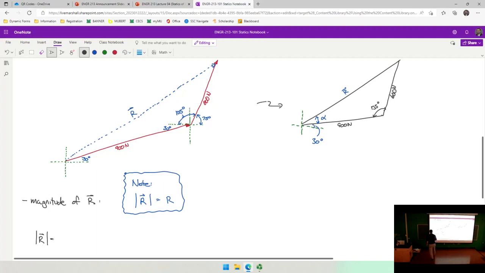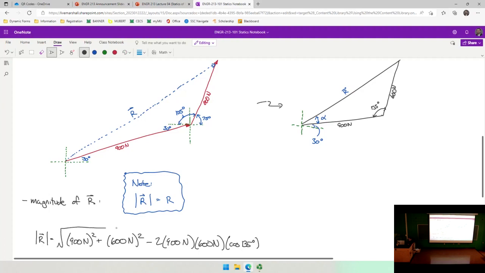So in order to apply the law of cosines, I've got to say we have 900 newtons squared plus 600 newtons squared minus 2 times 900 newtons times 600 newtons times the cosine of 135 degrees.